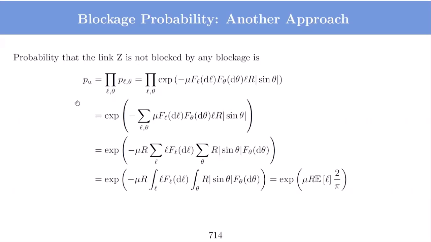So the total probability the link will not be blocked is given by the product over all these probabilities of individual blockages of length L and theta. Okay, and if you put that in and give the argument, you will arrive at the same result.